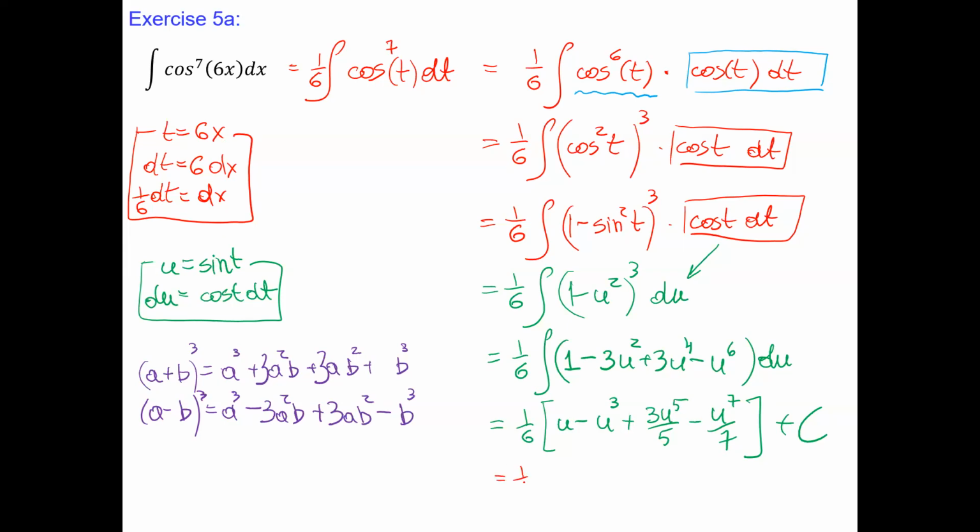Let's do everything at once. U is sine of 6x, and then 3 over 5, sine to the power of 5 of 6x, and then one more, sine to the power of 7 of 6x over 7, plus the constant of integration.